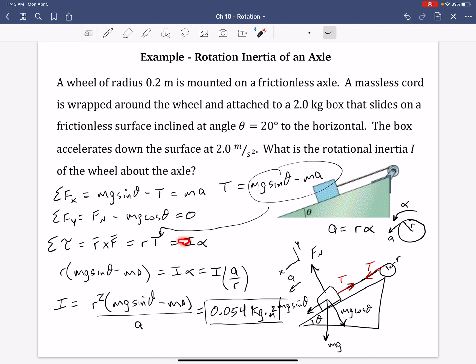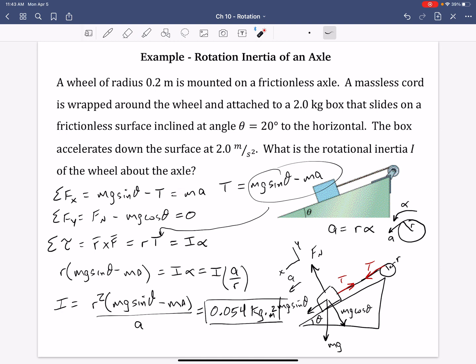Just like in the forces, just like up here, we put the positive direction of x in the same direction that the object accelerates. That makes this net force, ma, positive, and we don't have to worry about a negative out front.